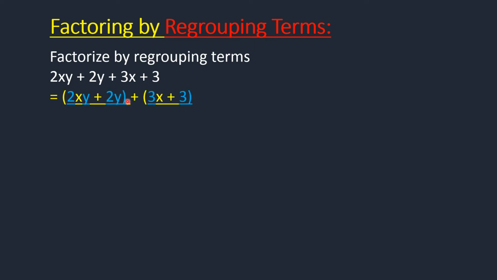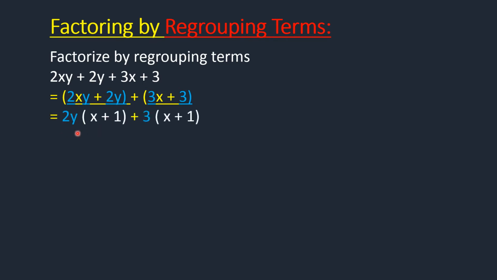The first group is made with the first and the second term. The second group is made with the third and the fourth term. You can also make groups of first term with the third term and second term with the fourth term. But while choosing the group, we must check that there is at least one common factor between the terms in the group.